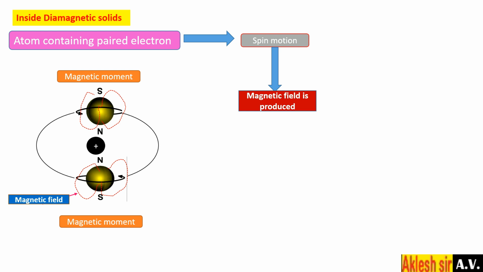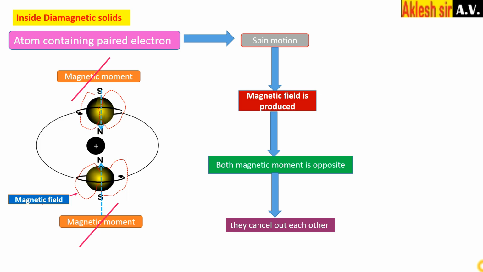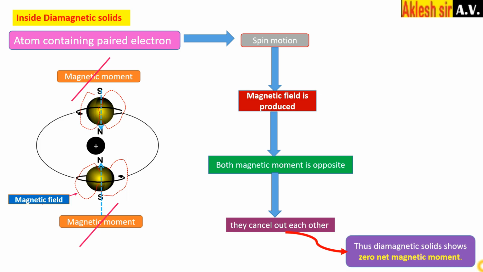Therefore, the magnetic moments produced by the two electrons are also opposite in direction. These opposite magnetic moments cancel each other, so the atom has zero net magnetic moment.